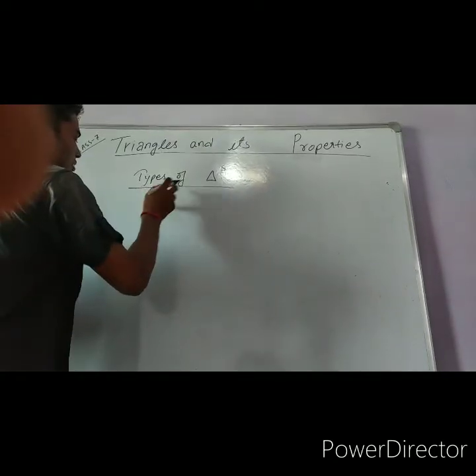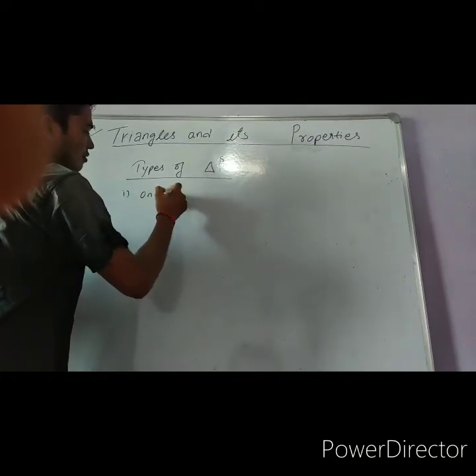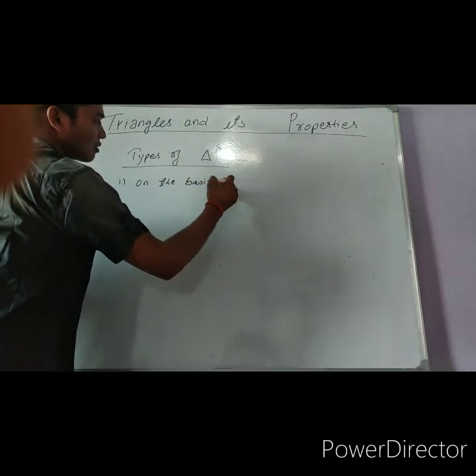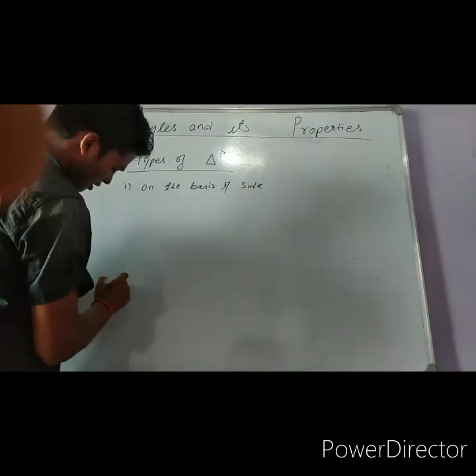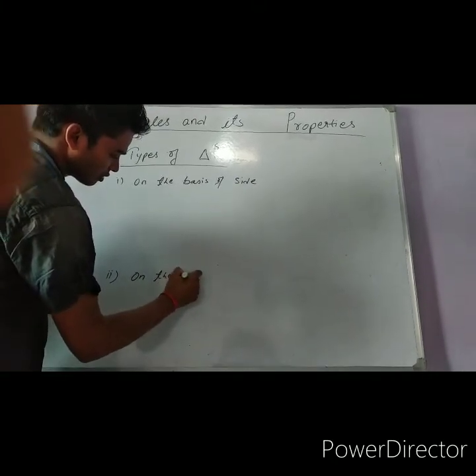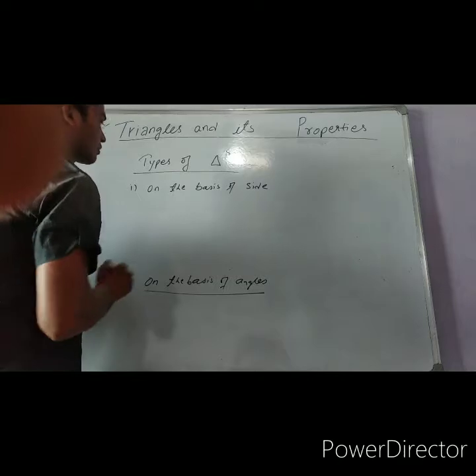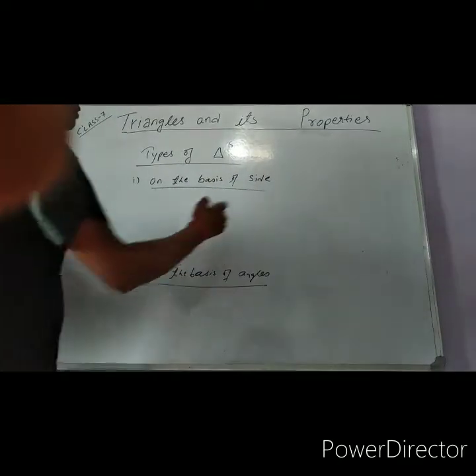There are 2 bases for classifying triangles. The first one is on the basis of sides, and the second one is on the basis of angles. Now first, on the basis of sides.